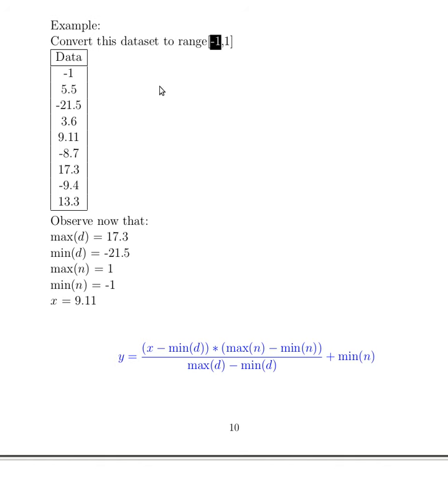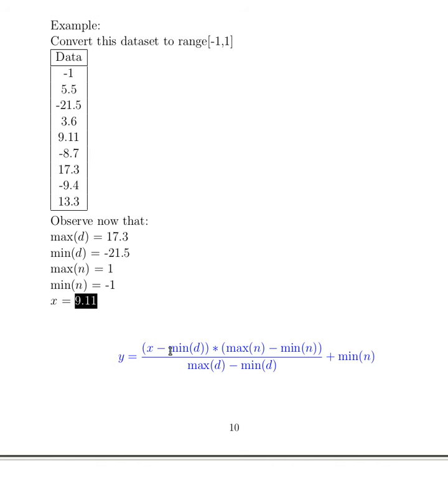Of course, when we do it, we need to do all the numbers in our data set so things stay consistent, otherwise we can be inconsistent. Let's say we want to transform them one by one, and for example we are transforming 9.11, so our X is 9.11.